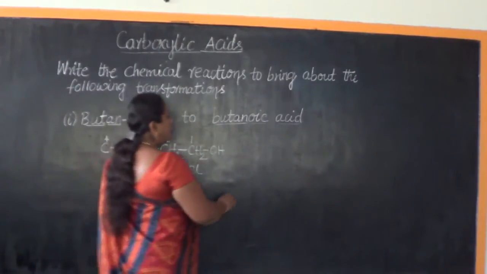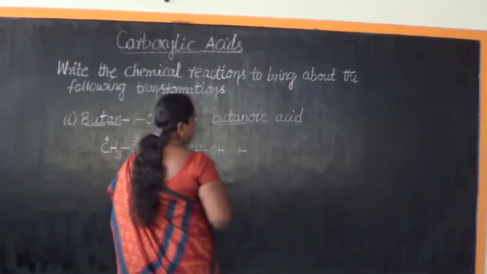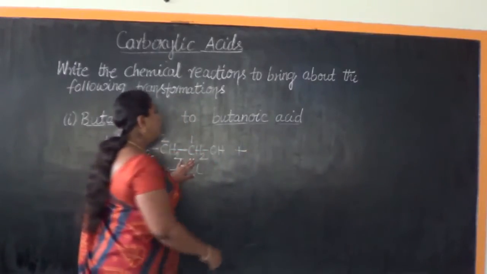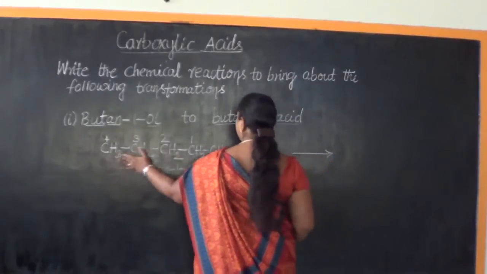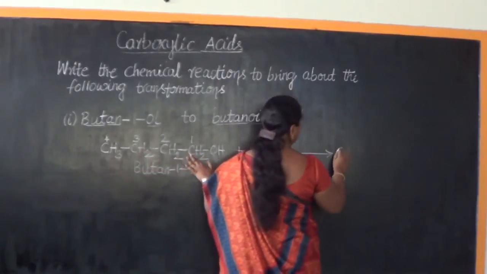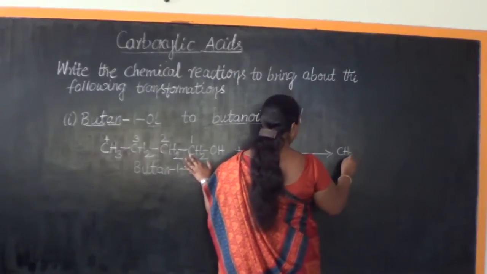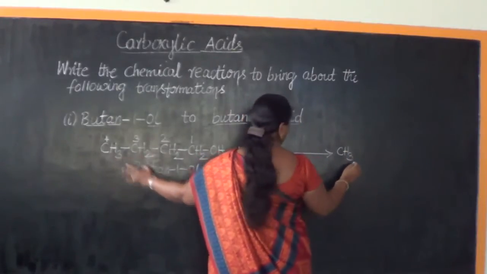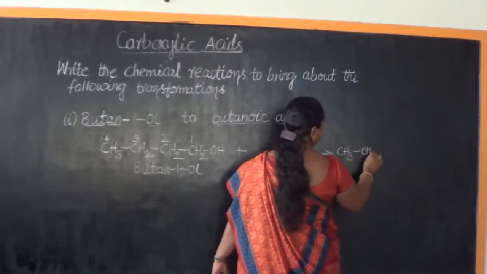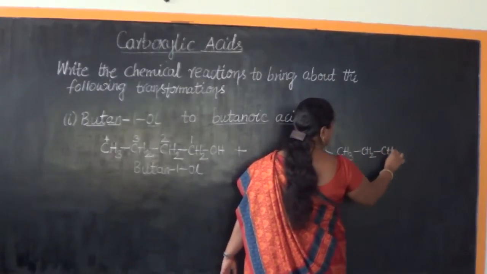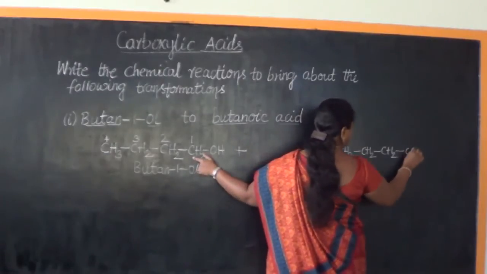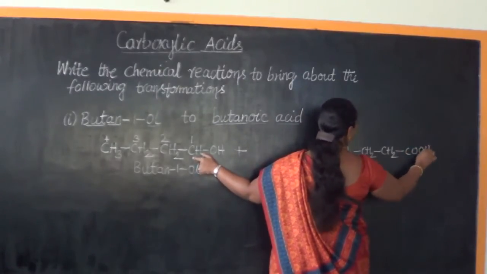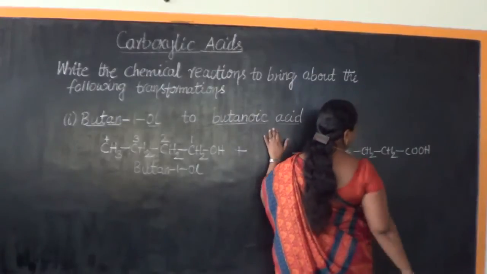And then what has to be done to this? Think, you have to convert alcohol into its carboxylic acid having the same number of carbon atoms. So let me just write that product also: CH3, CH2, CH2, then this should become COOH as per the question that has been asked.